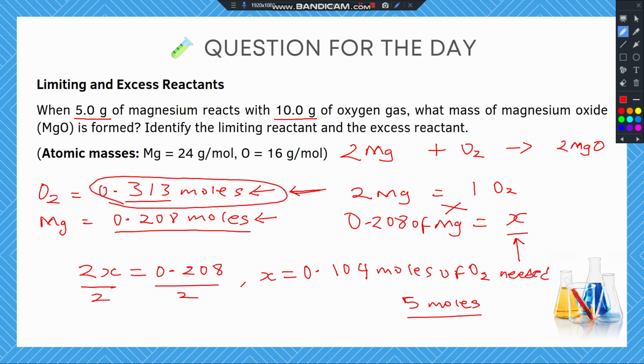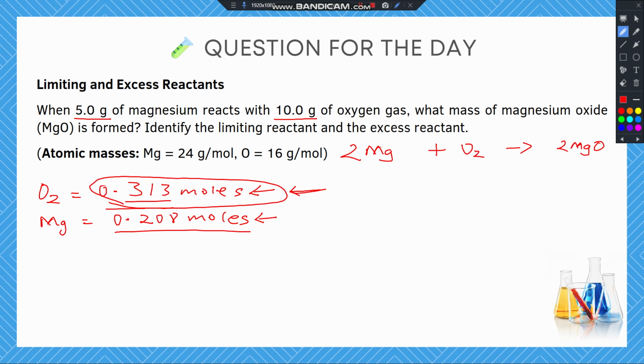So now the question is, we need 0.104 moles, but what do we have available? We have 0.313 moles. So that means that oxygen is the excess reactant. I don't know if you understood what we just did.